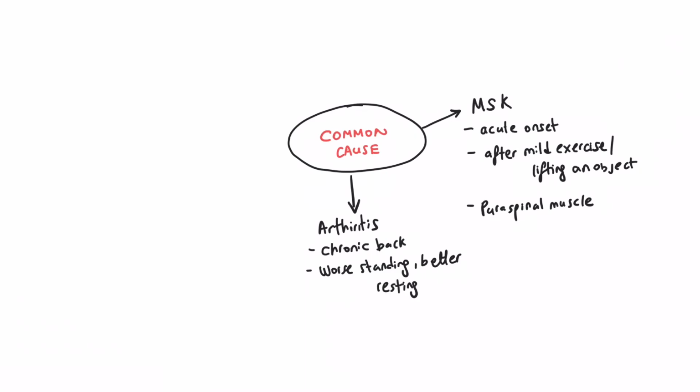So you're not too concerned with that. And from the history, you gather that the stiffness is getting worse. So a progressive stiff back or lower back, something like that.